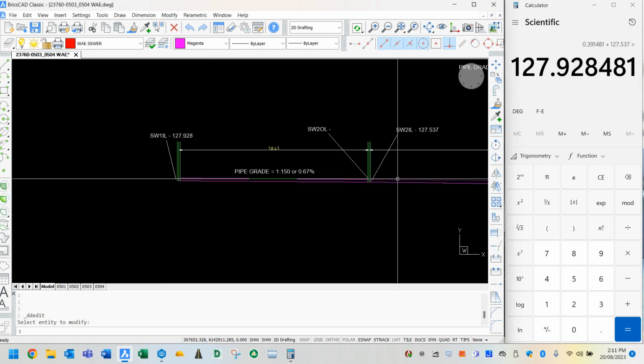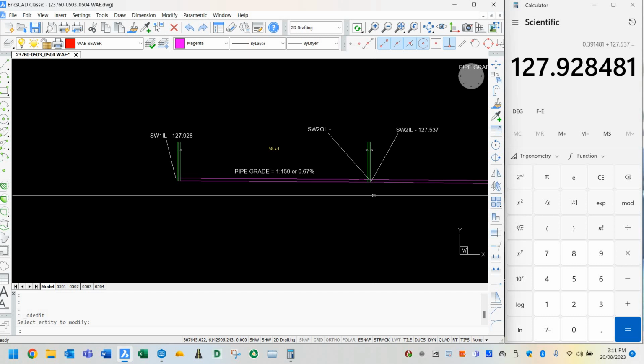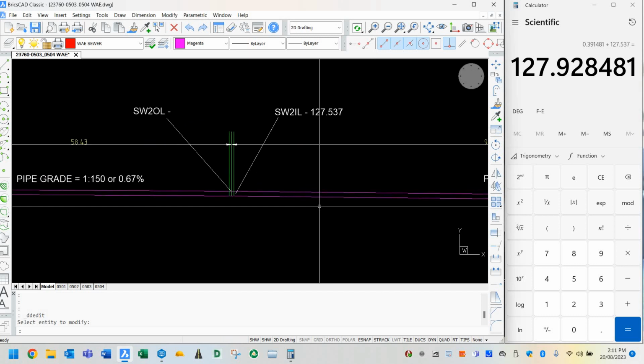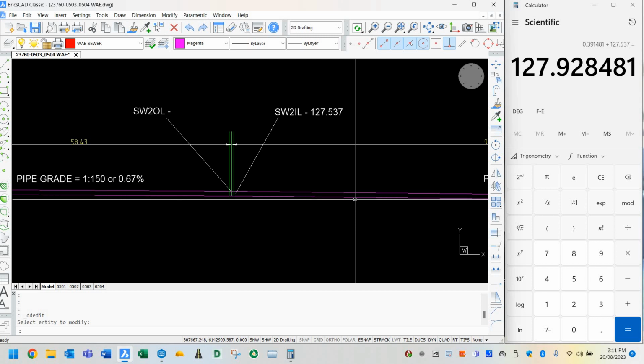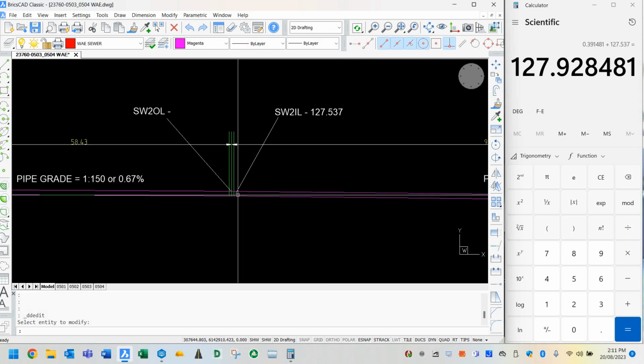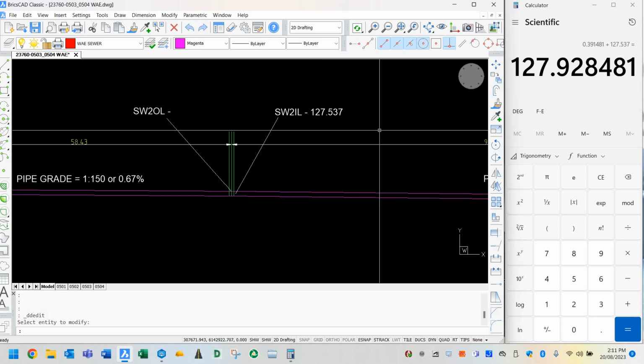The next thing is to calculate the obvert level at this point. We know this pipeline has an internal diameter of 900 millimeters. Your invert level is the internal bottom of your pipe, the lowest point internally. Your obvert level is the opposite: the internal top of your pipe.